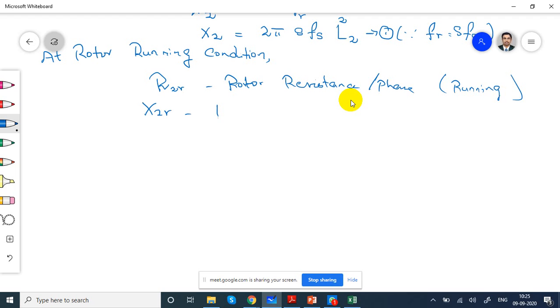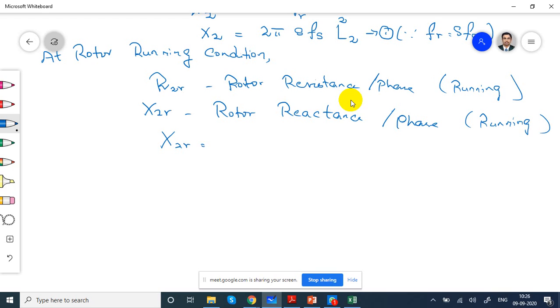X2R is the rotor reactance per phase during running condition.